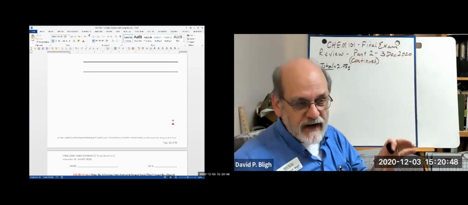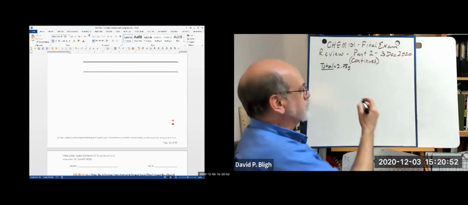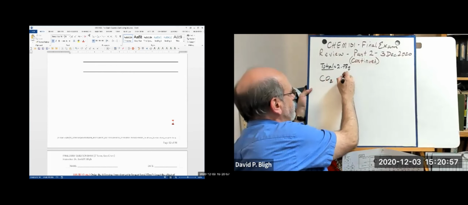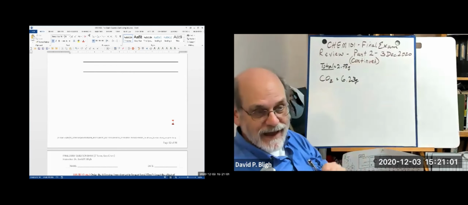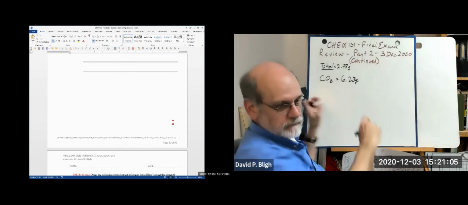When we combust it in oxygen, we collect 6.32 grams of CO2. Okay, and 2.58 grams of water.